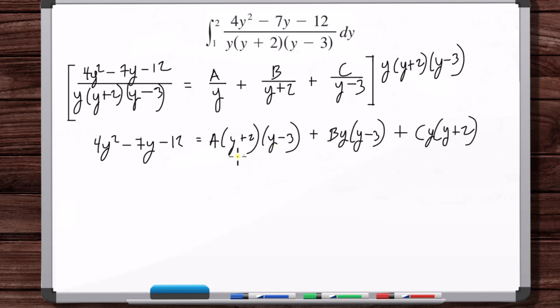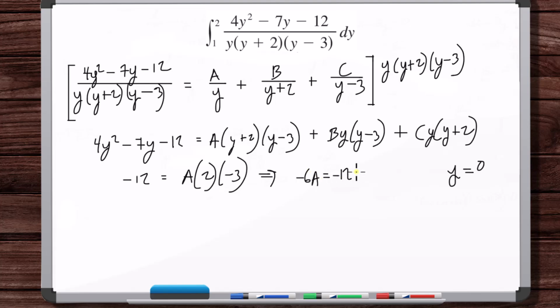Okay, when y is equal to 0, we've got minus 12 is equal to a times 2 times minus 3, minus 6a is equal to minus 12. A is equal to 2. All right.